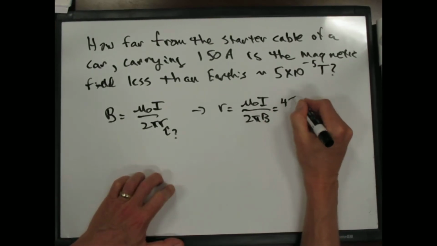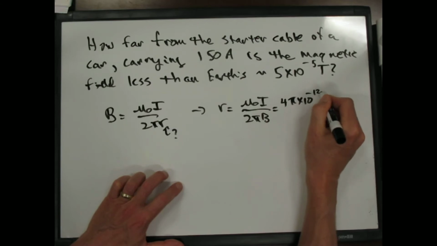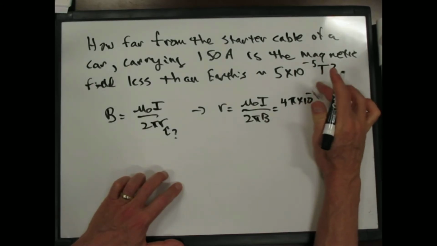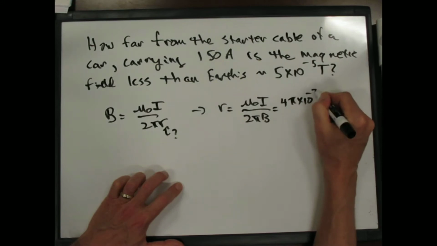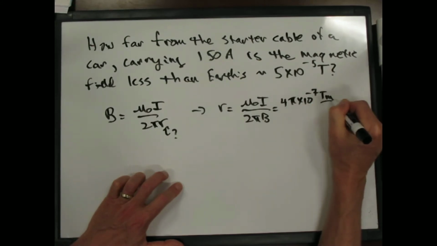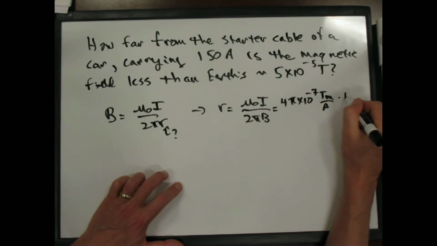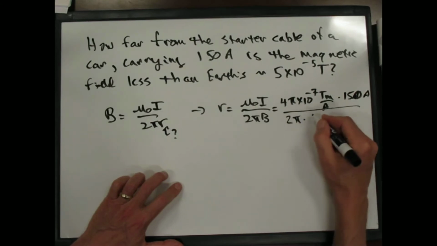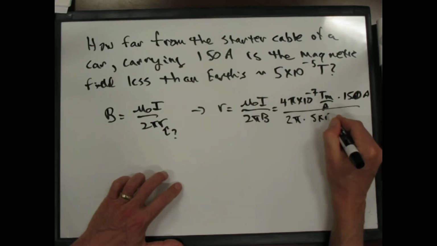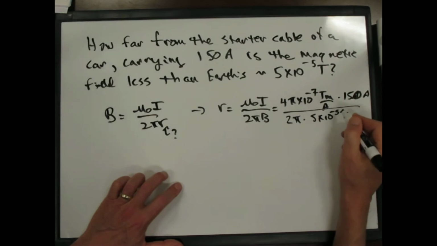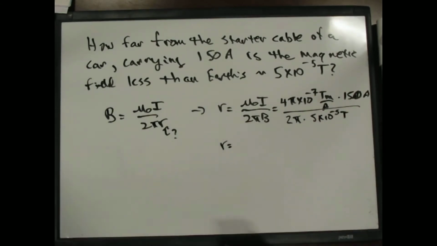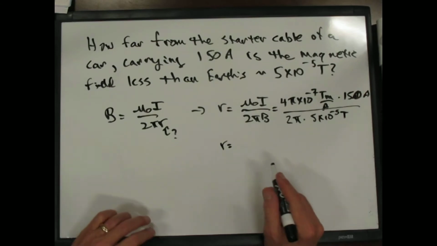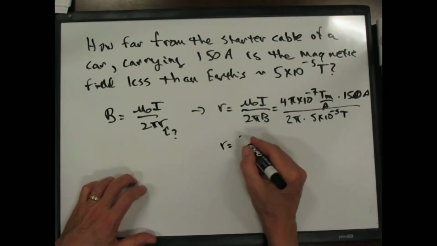This is 4 pi times 10 to the minus 7 Tesla meters per ampere times 150 amps, divided by 2 pi times the magnetic field, which is 5 times 10 to the minus 5th Tesla. If I work all that out, I get about 0.6 meters.